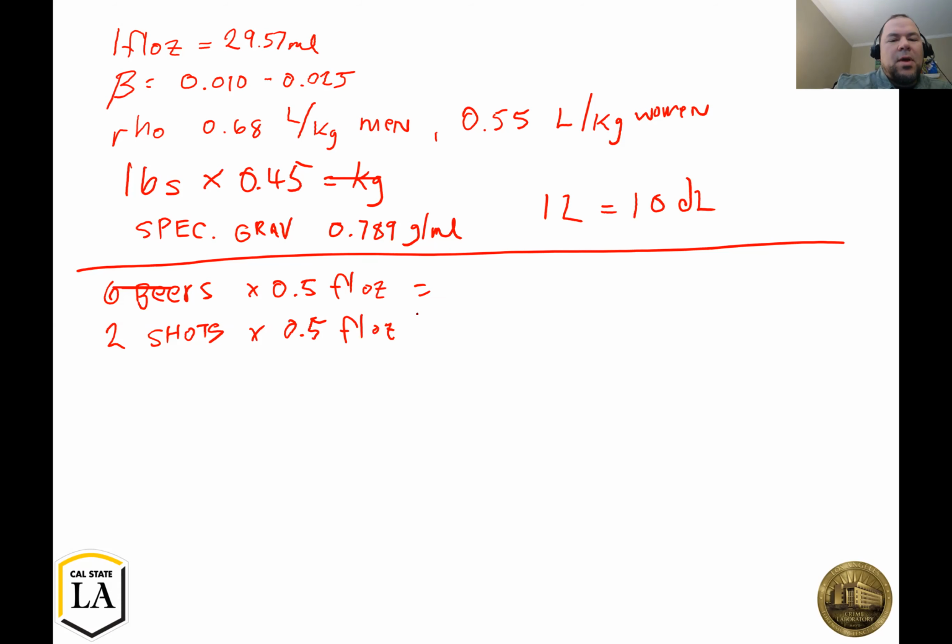So your total amount of ethanol for this consumption is 3 fluid ounces for the beer, 1 full fluid ounce for the spirits. So you're looking at 4 fluid ounces, okay, consumed. It's kind of hard writing on the screen. So 4 fluid ounces total of pure alcohol consumed.